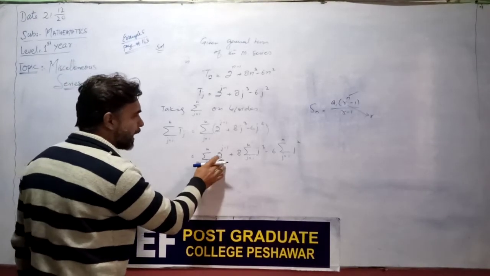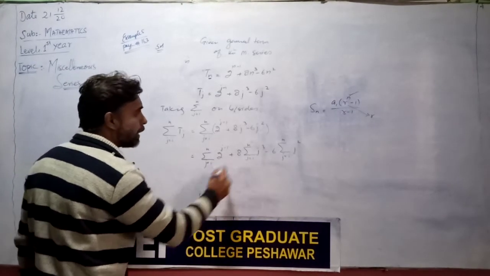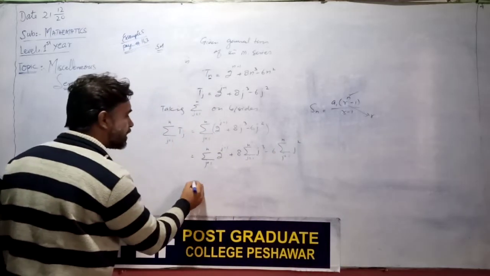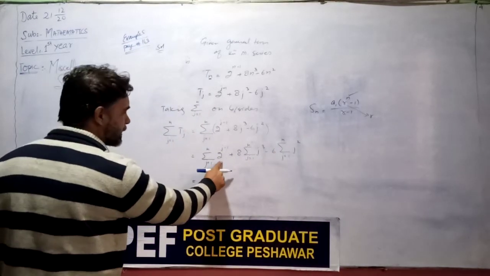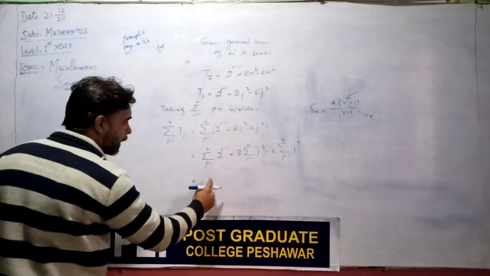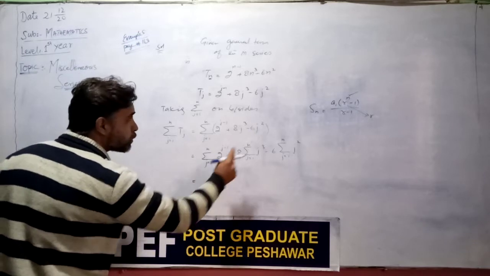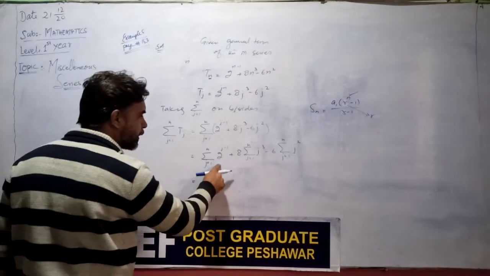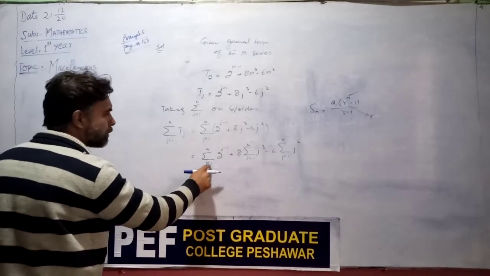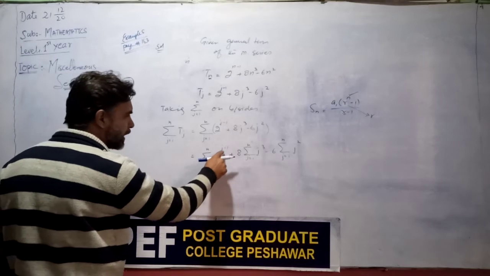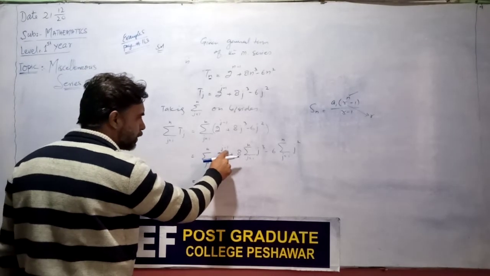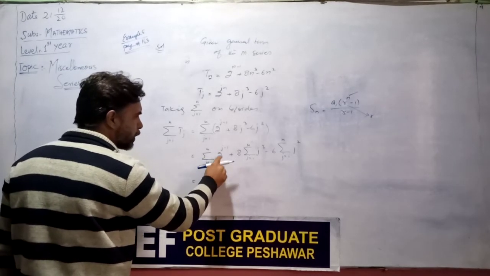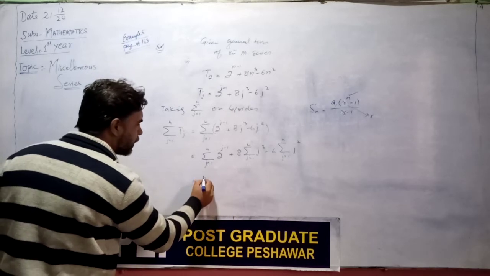Here, to add the geometric series, we will apply this formula, and you can see that the common ratio is 2, so in place of R we will put 2. Its first term is 1, because if you put j equal to 1, 1 minus 1 is 0, and 2 power 0 is 1. So the first term of this series is 1.